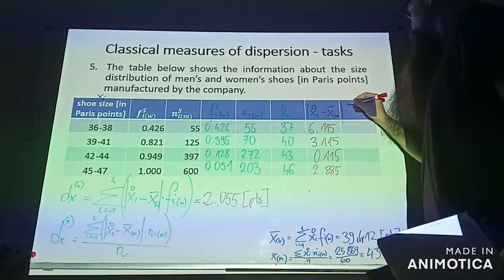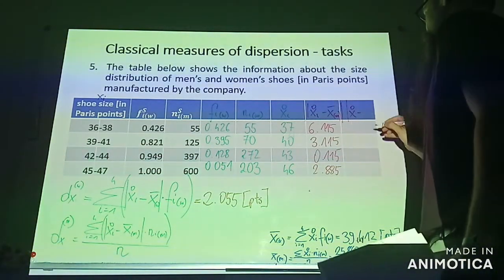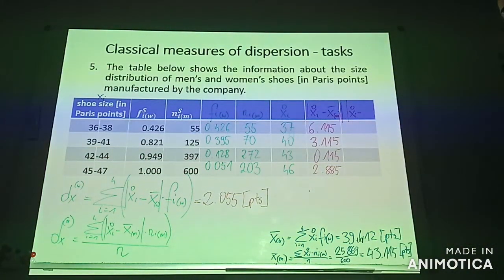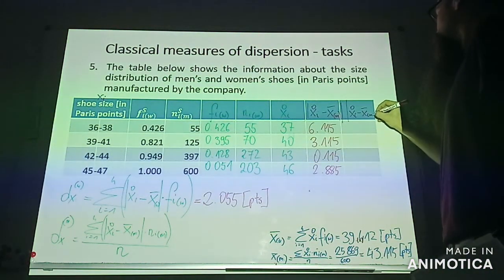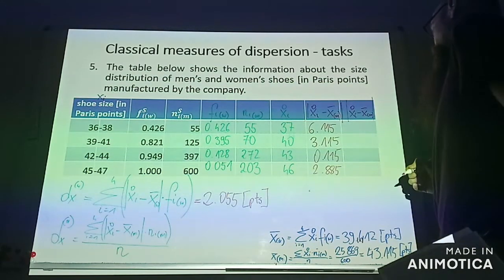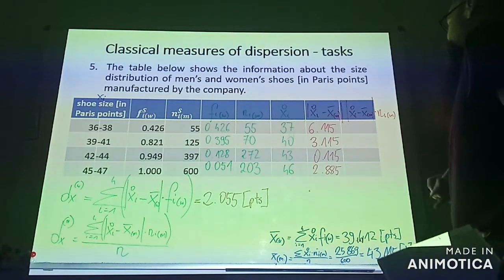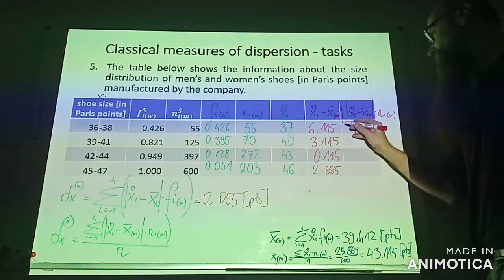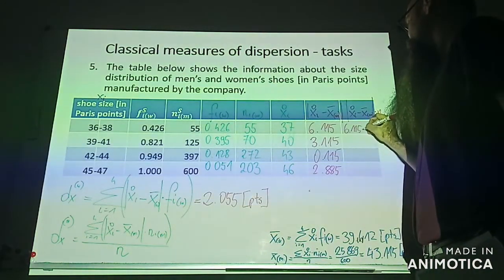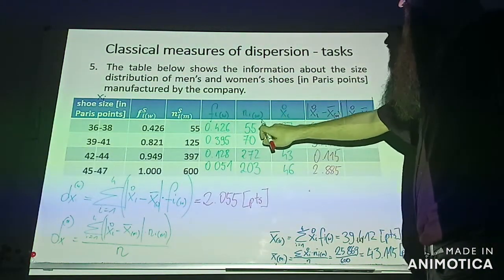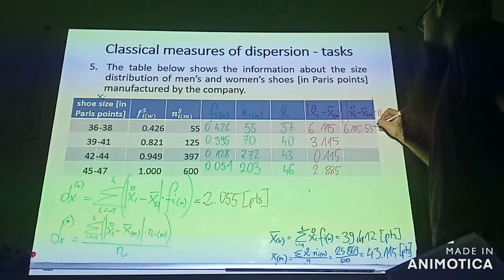So here I have x i with a circle, which is represented by the middle of the classes, minus x mean for men's shoes multiplied by n i m. So it means that in the first row I will multiply 6.115 by the first n i m, which is 55.